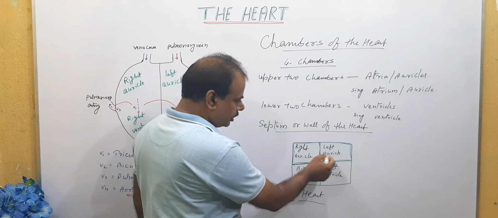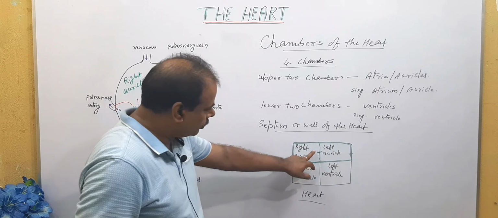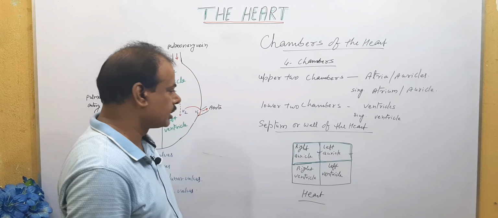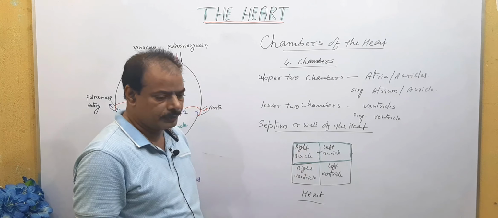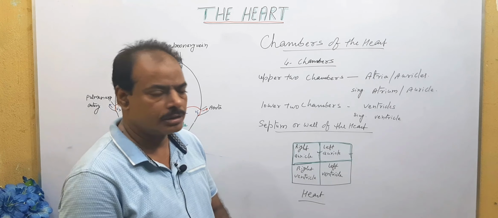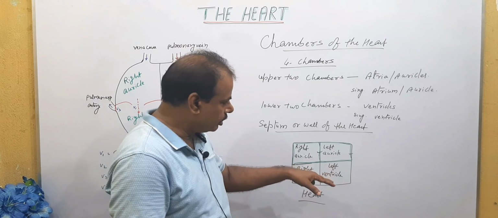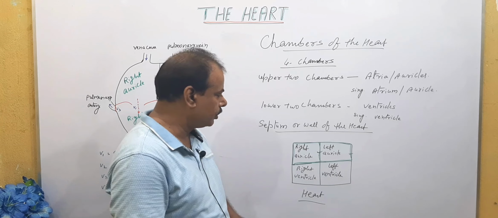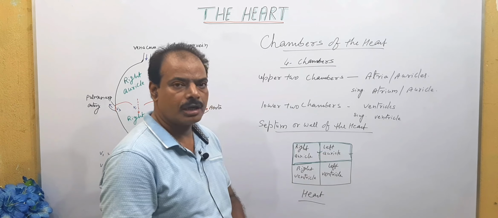These are the walls of the auricles. The walls of the auricles are thin as they pump blood to the very next chamber, the ventricles, along the gravitational pull. That's why the right and left auricles have thin walls.